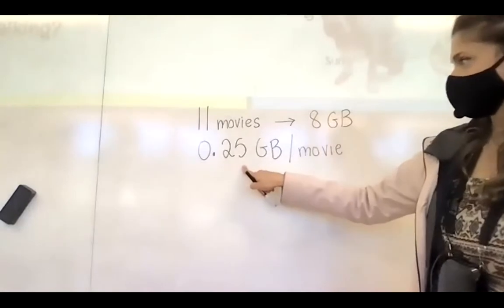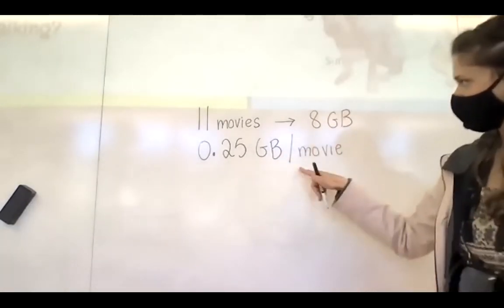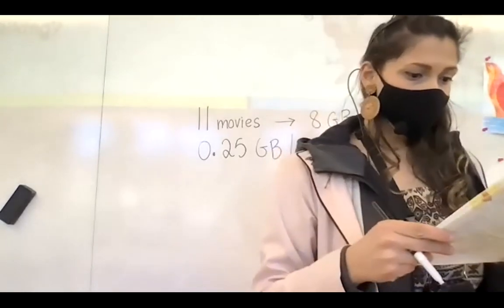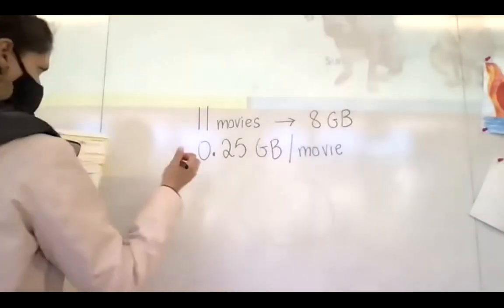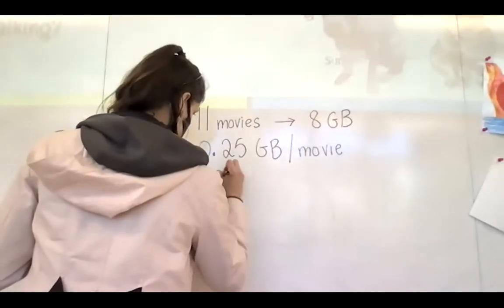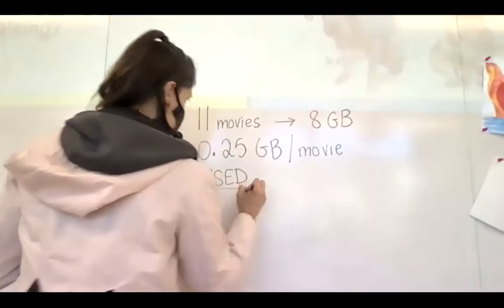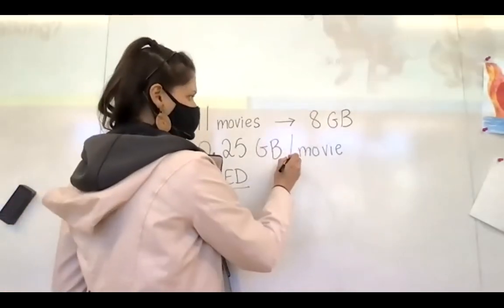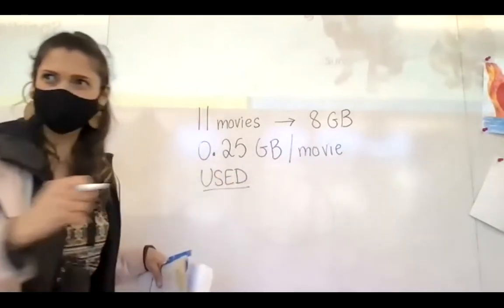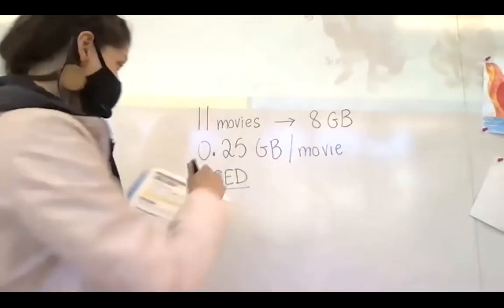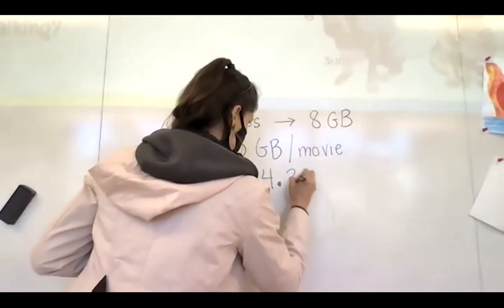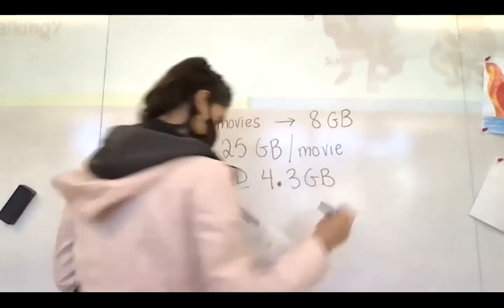So this means 25/100 gigabytes per movie. And she already used, so hopefully you know what operation you're going to need for used. You know what operation you need for per. These are all clue words, right? Used 4 3/10 gigabytes of her memory card.